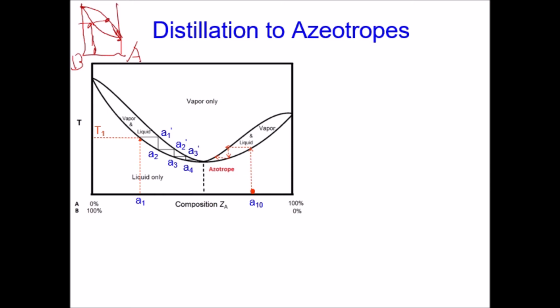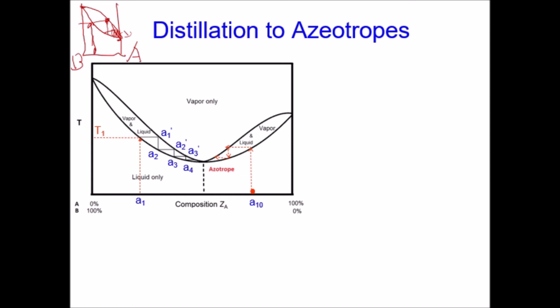And then the gas phase condenses at the first plate and becomes a liquid, and the liquid vaporizes with a vapor phase that has an even higher concentration, and then the gas phase condenses on the second plate, so it repeats itself, and if we have enough plates, at the top the concentration approaches pure A. That's what happens for a normal phase diagram.